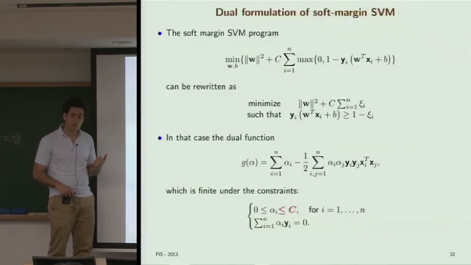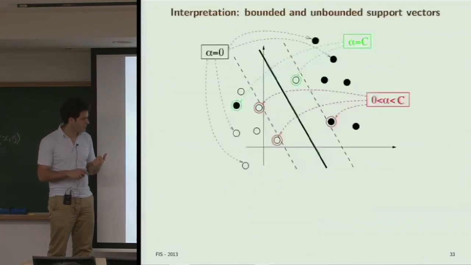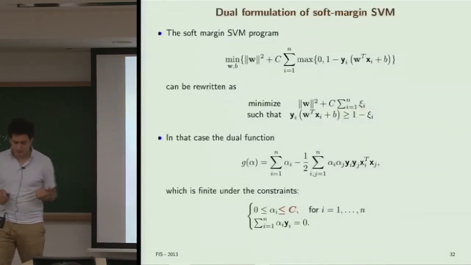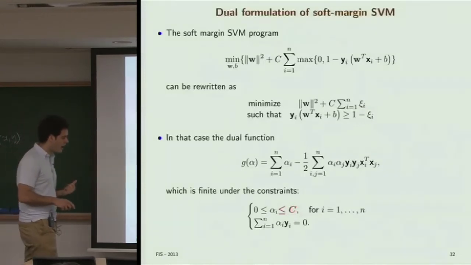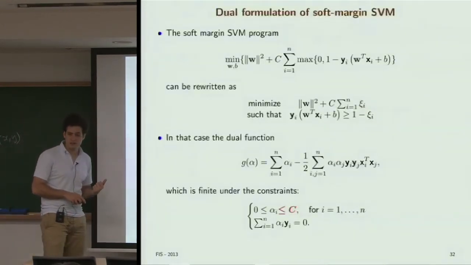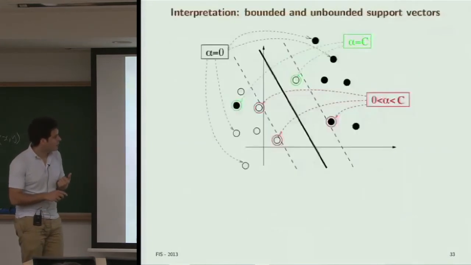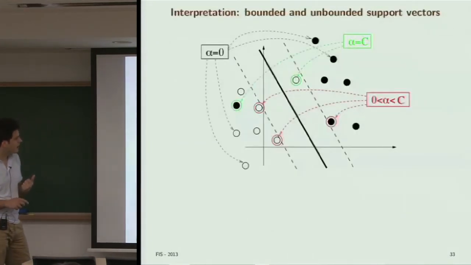Either alpha i is equal to 0, and in that case, the margin is strictly positive. Those points are on the right side of the tube, and it's not only positive, it's bigger than 1. Or alpha i is between 0 and C, and then we have points which lie on the tube, like this.